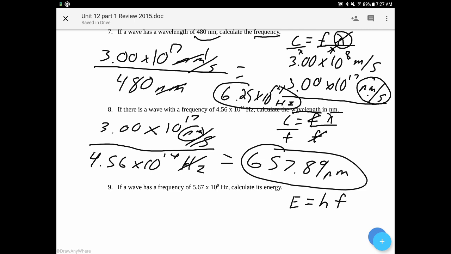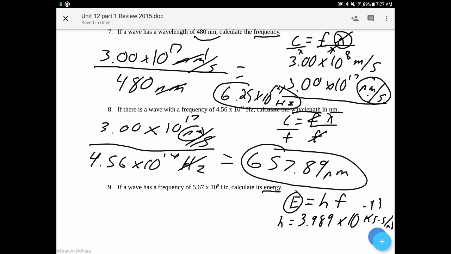H is a constant called Planck's constant, and h equals 3.989 times 10 to the negative 13th kilojoules seconds per mole. I ran out of room, but you get the idea. We don't have to rearrange the equation at all, because we're looking for energy, and energy is already by itself.